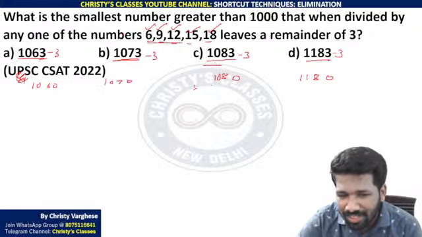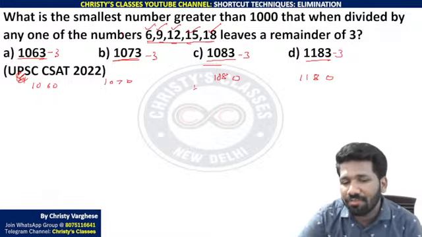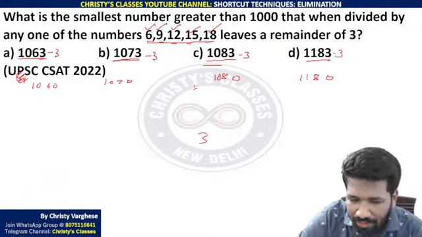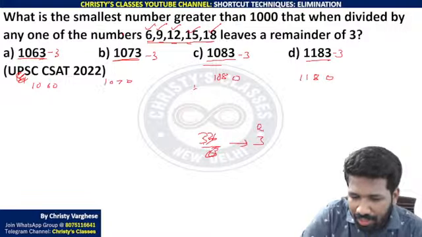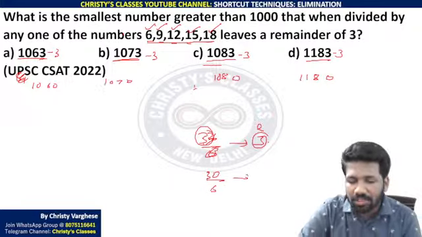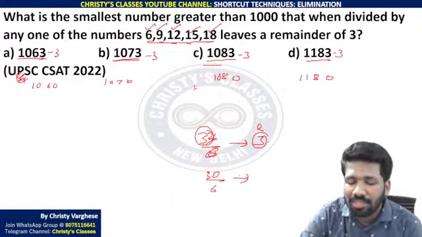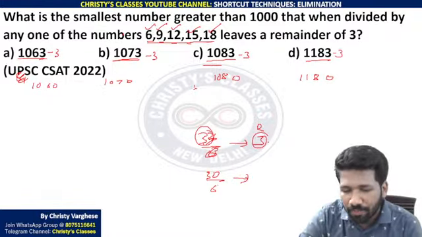There, don't take 6, 9, 12, 15, 18 as divisors to divide by. I hope all of you understood why it should be exactly divisible by 6 and 9 and 12 and 15 and 18. For example, 33 divided by 6 gives you remainder 3. If you remove this 3 from the 33 you will get 30, and 30 divided by 6 leaves no remainder, fully divisible.